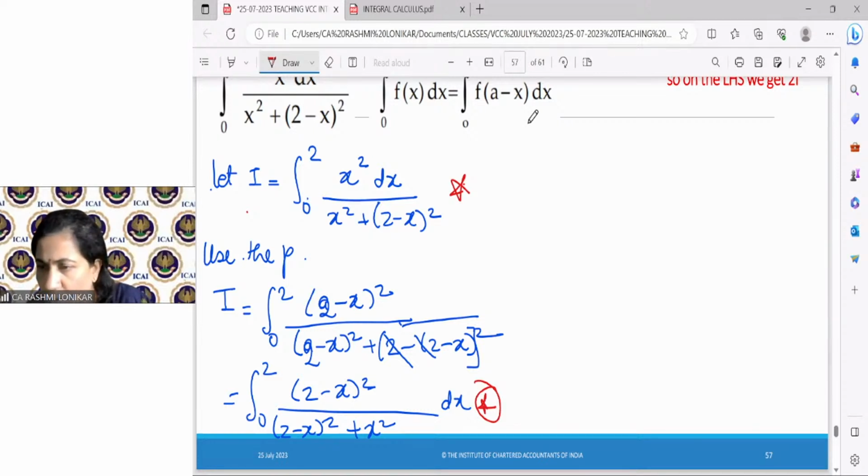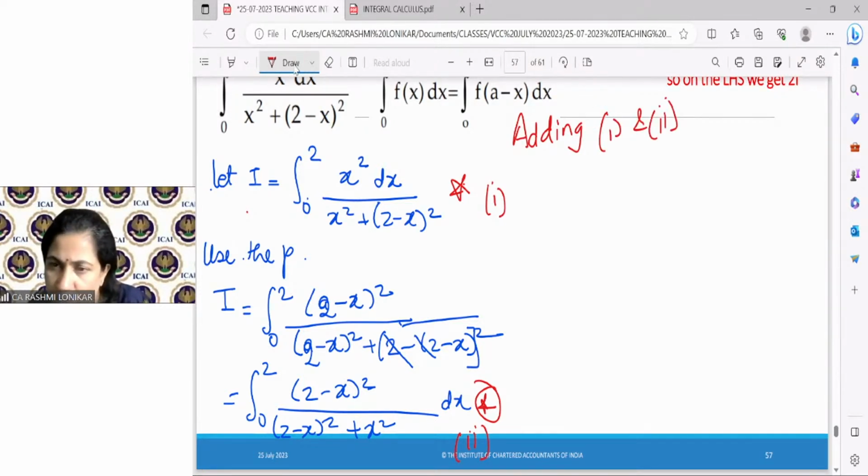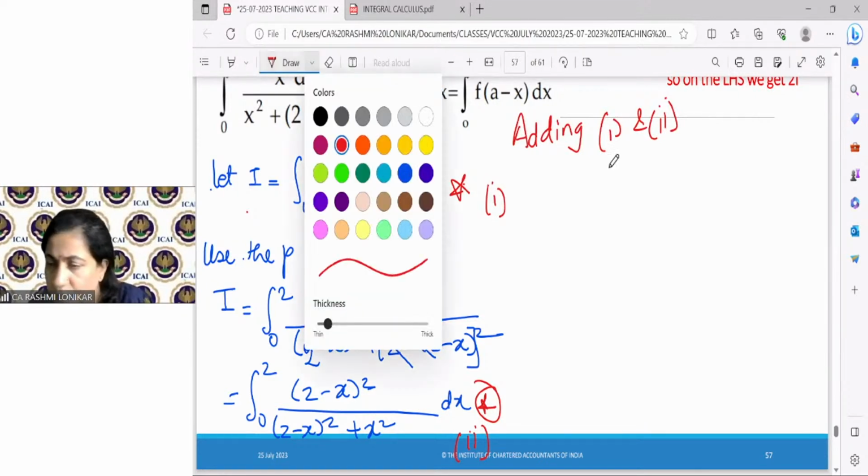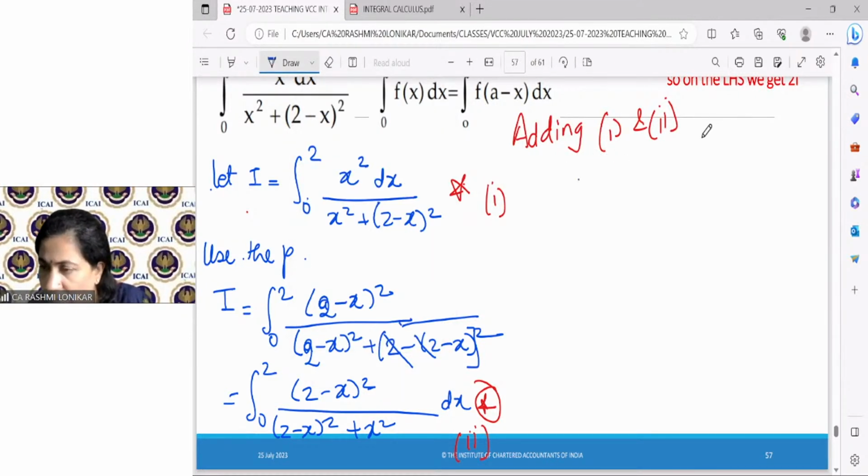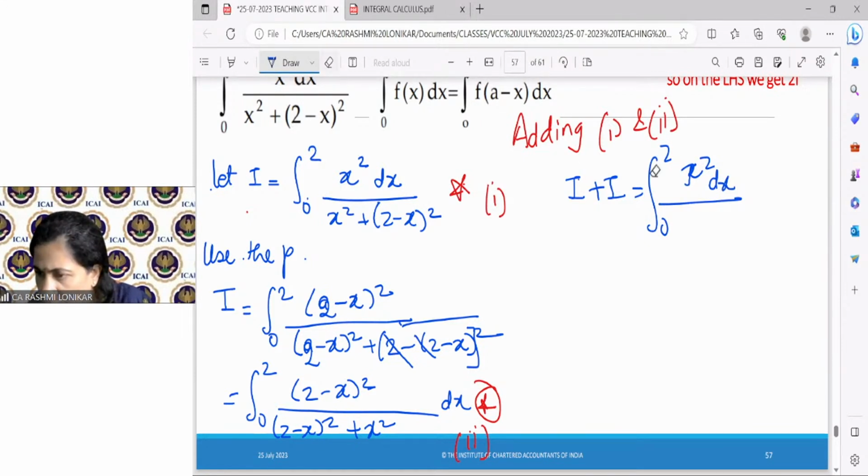So, adding 1 and 2, wherever I have written 1 and wherever written 2, adding 1 and 2, I get I plus I on the left hand side.